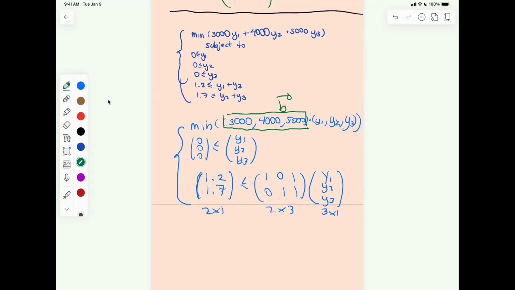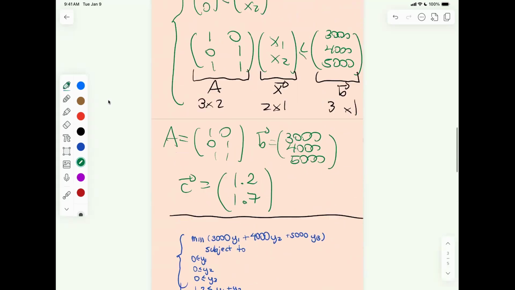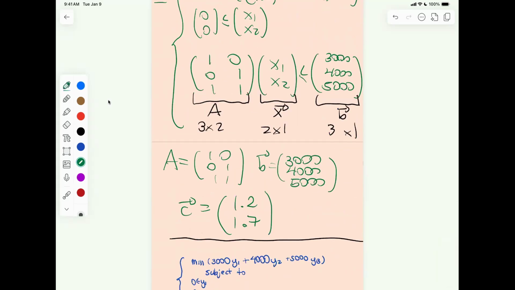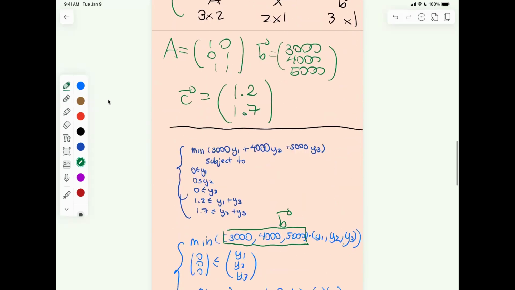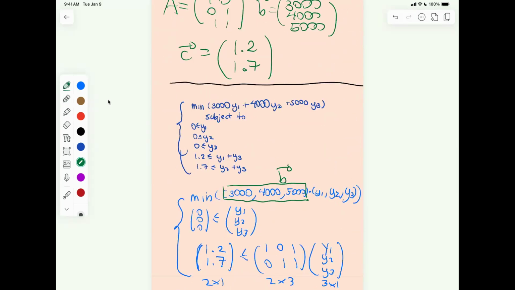And again, it's useful to notice what happened. In the original problem, B does not appear in the function that you're trying to maximize. It appears in the matrix inequality. So that is being swapped in position, and instead of appearing in the matrix inequality, it is now appearing in the function that you are minimizing.